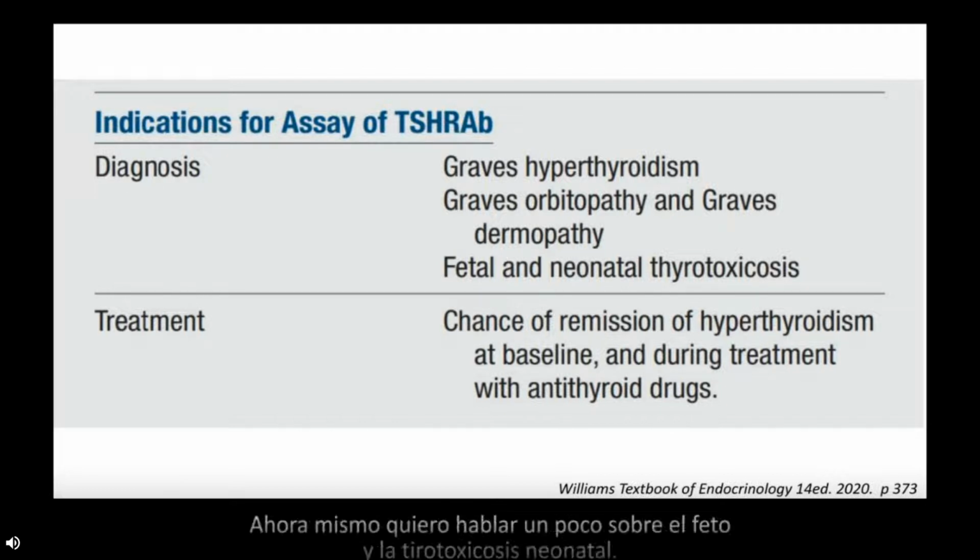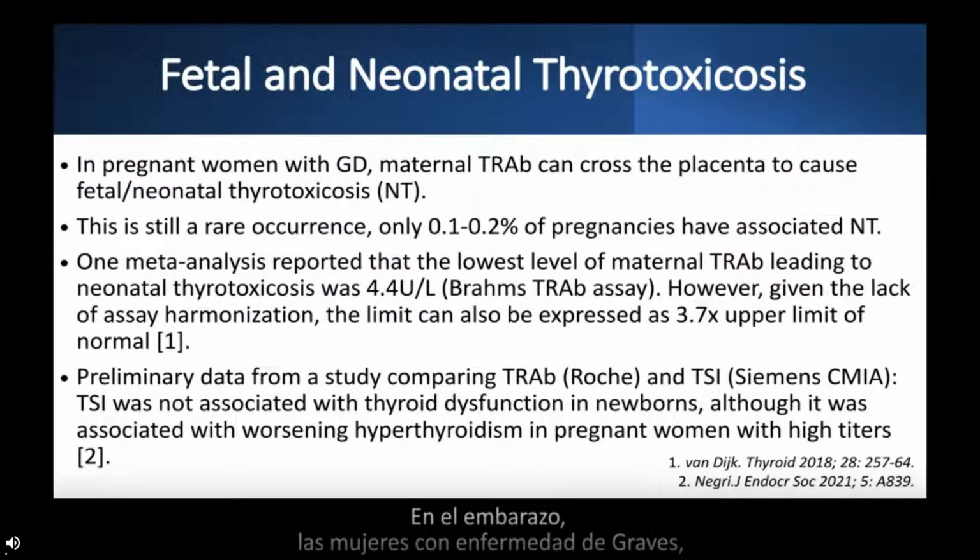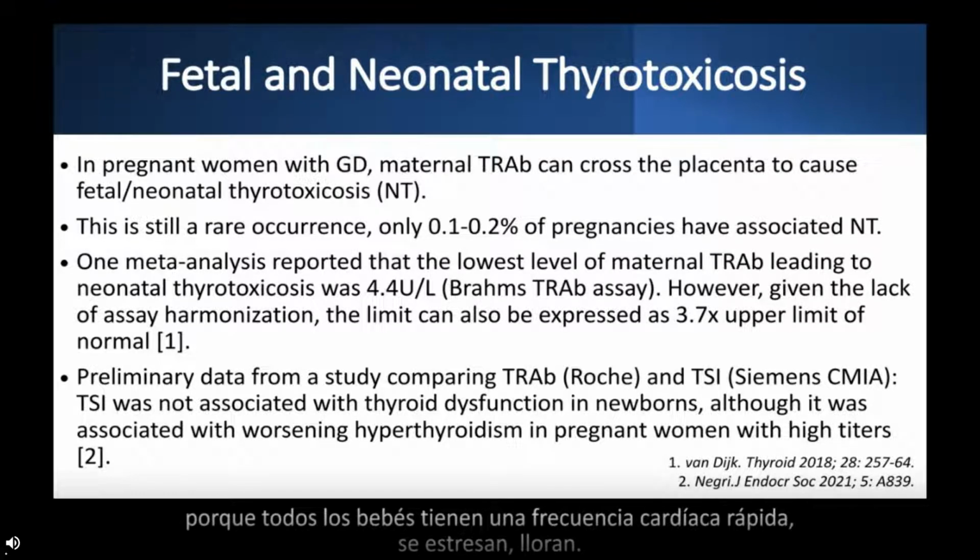Now I want to talk a little bit about the fetal and neonatal thyrotoxicosis. In pregnancy, women with Graves' disease with the maternal TRABs, they can cross the placenta and cause fetal as well as neonatal thyrotoxicosis. This diagnosis is not so easily made, because all babies have a rapid heart rate, they are a bit stressed, they cry.